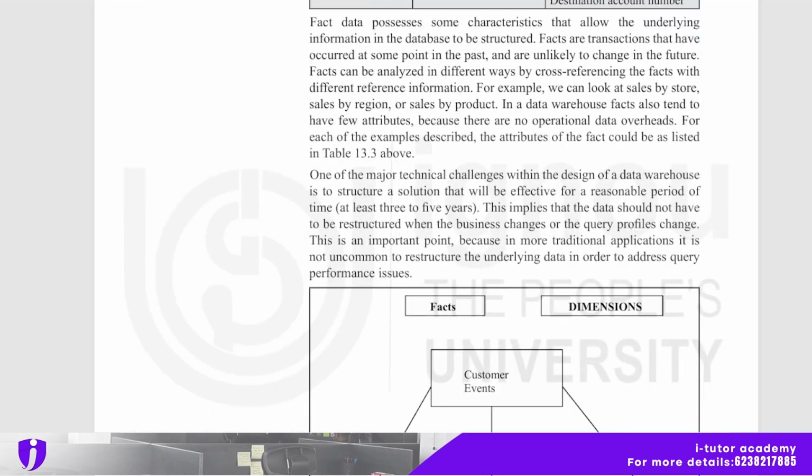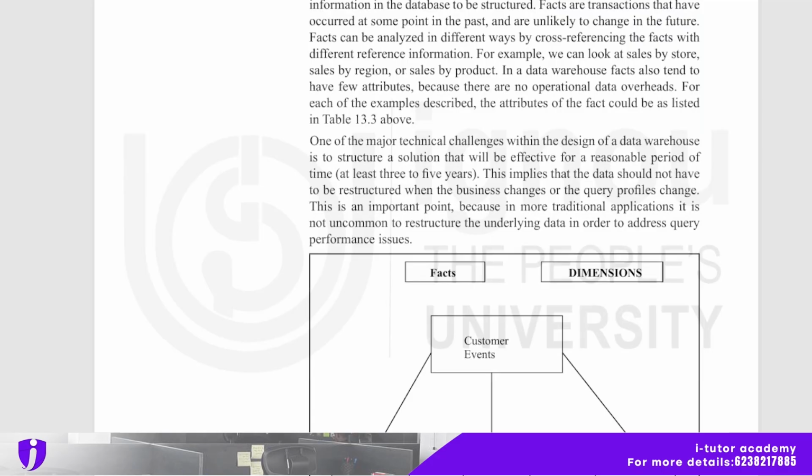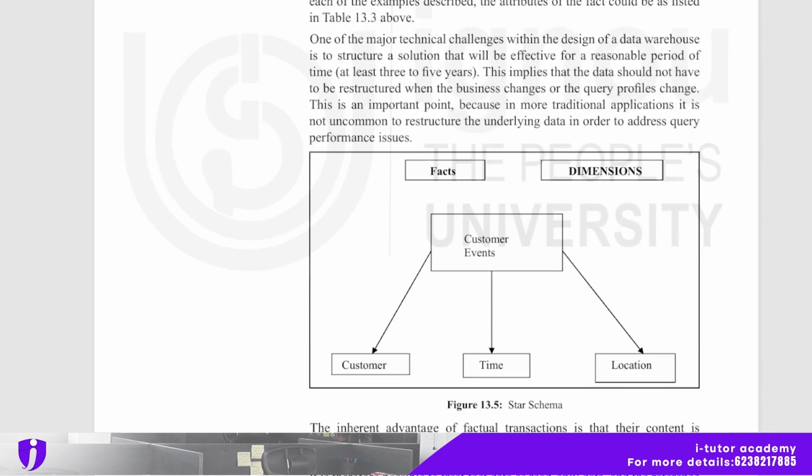In a data warehouse, facts also tend to have few attributes because there is no operational data overhead. One of the major technical challenges in the design of a data warehouse is to structure a solution that will be effective for a reasonable period of time. This implies that the data should not have to be restructured when the business changes or the query profile changes.